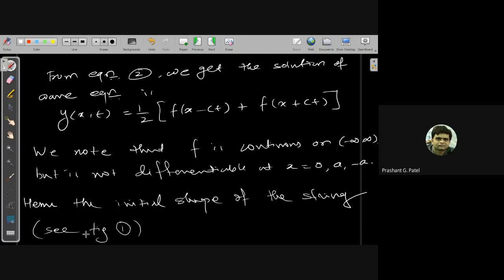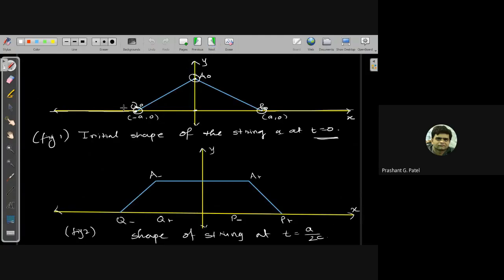In figure 1 it already shows that it has peaks at these points. That means it's changing its value at these 3 points, because it's changing from 0 to this value, then this value is decreasing, and then from this to that it has this.